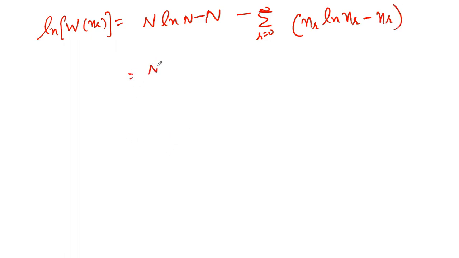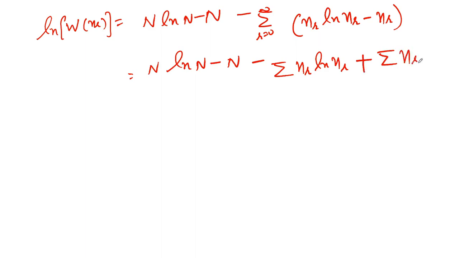So we can write it as N log N minus N, minus summation of nr log nr, and the minus becomes plus summation of nr.